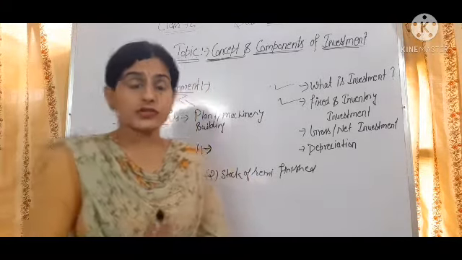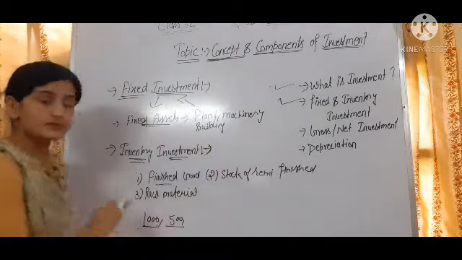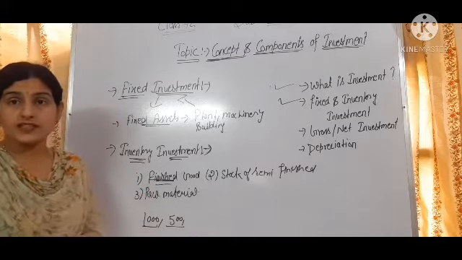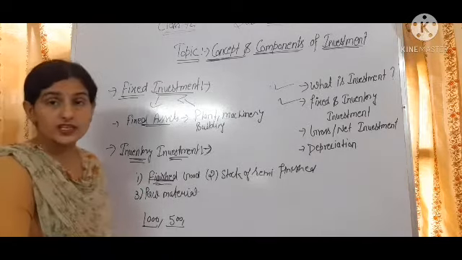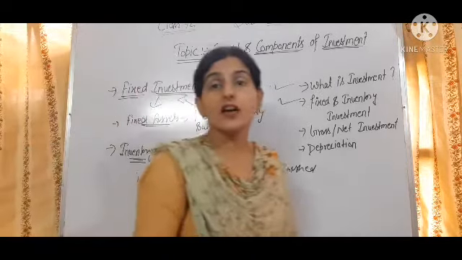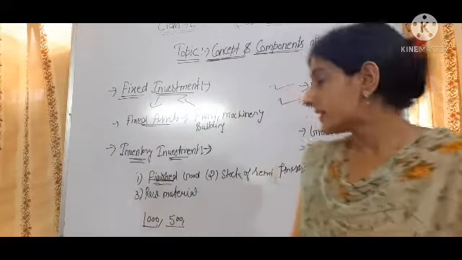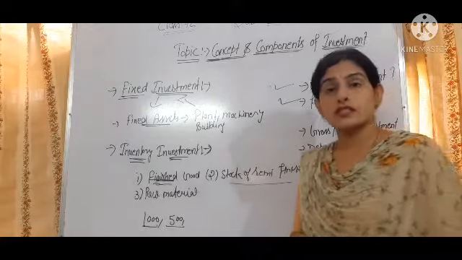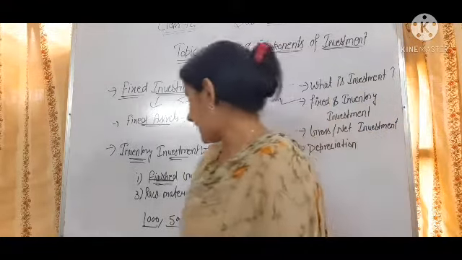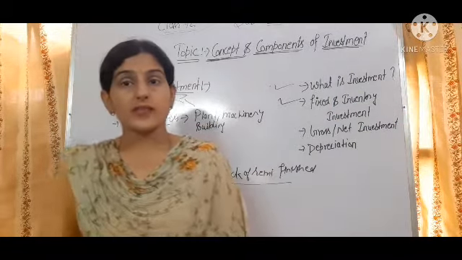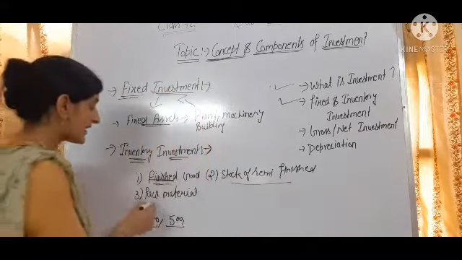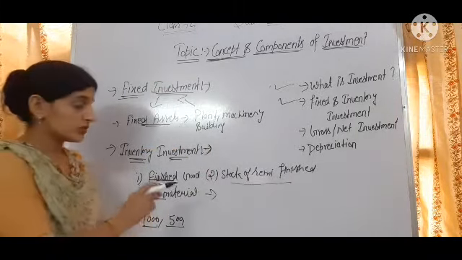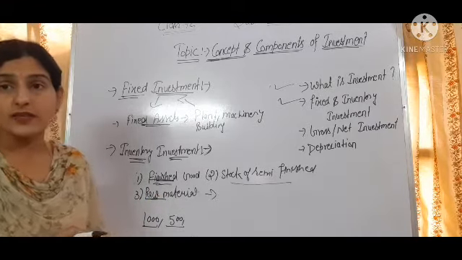So that 500 is the inventory stock of finished good that is available with the producer. Okay, then second we have stock of semi-finished good, which are in the process of production, and then raw material. Stock of raw material which will be used further for production in future, so that is also called inventory investment.